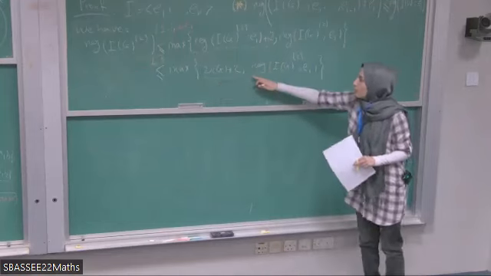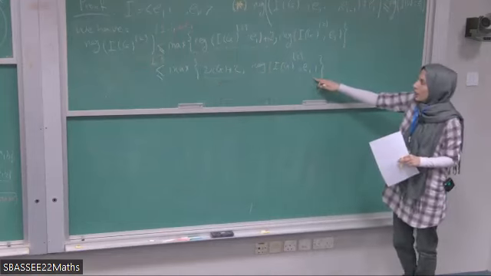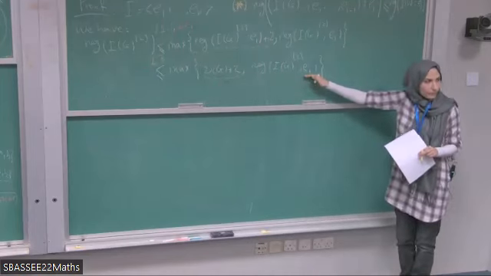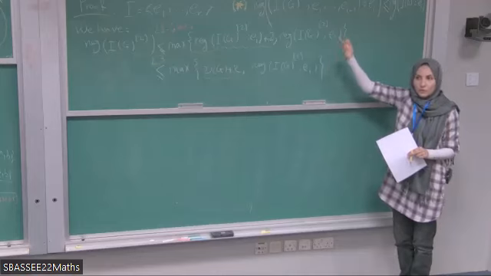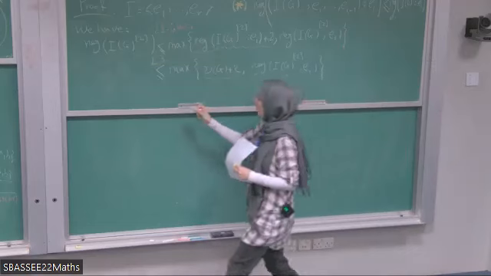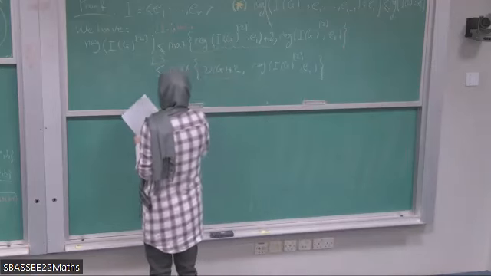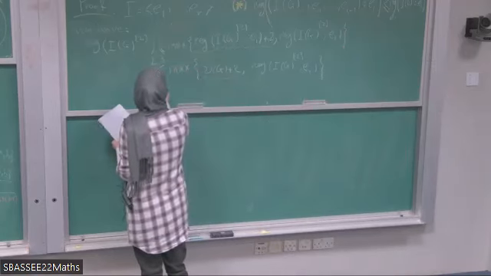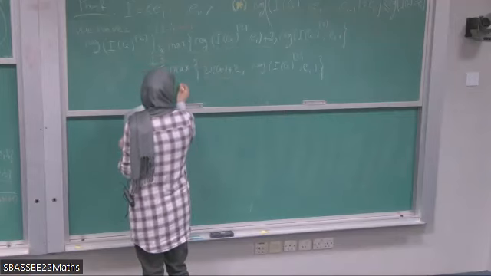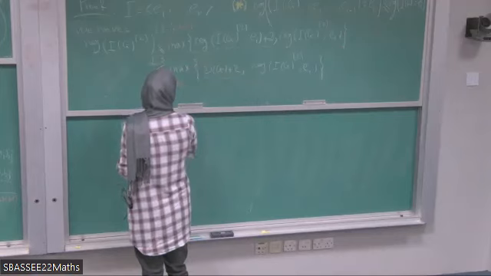Now I want to focus on this part. I would like to see this as a new ideal and apply lemma 1 part 1 again with a new u. This time I take u to be E2, which is again of degree 2.